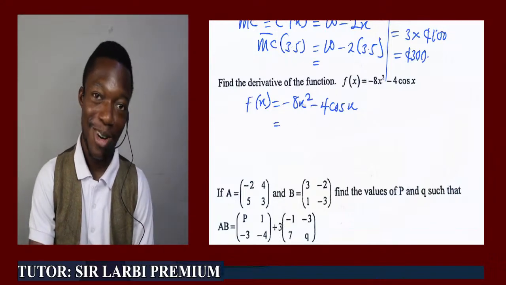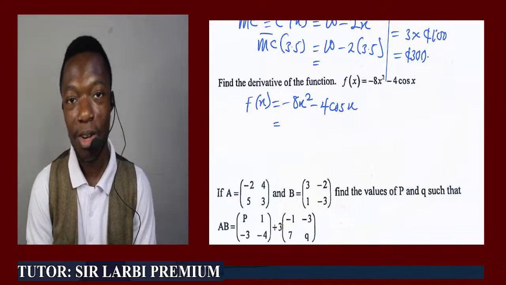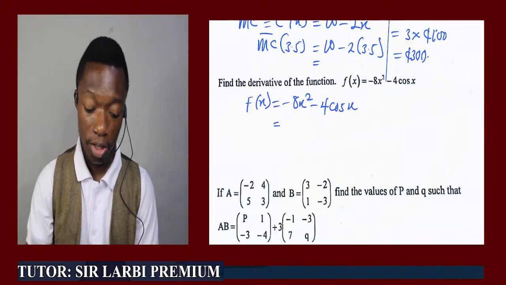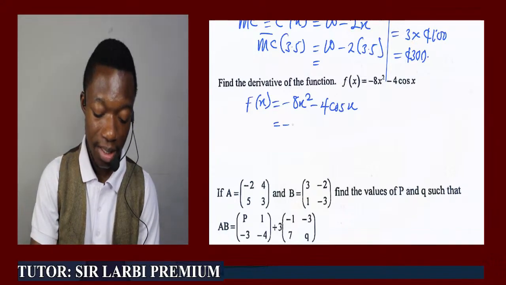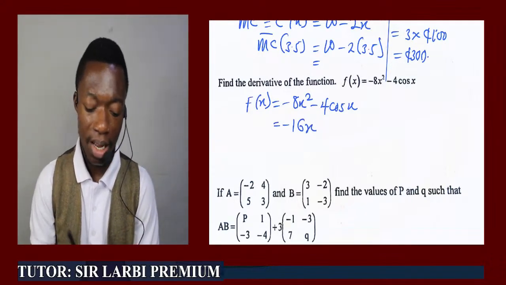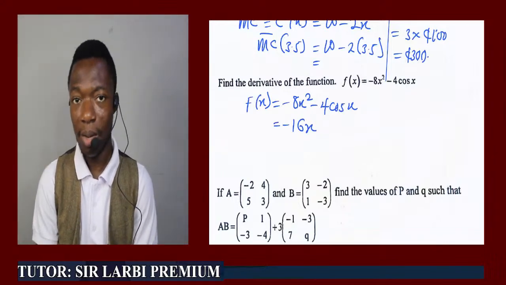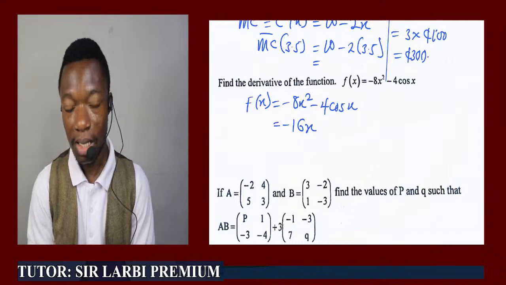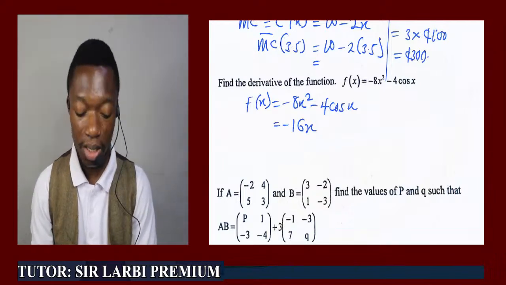So what do we do here? Differential of negative 8x squared is supposed to get negative 16x. But you can clearly see that negative 4 cos x is a product of two functions, 4 and then cos x. So we just want to apply the product rule.